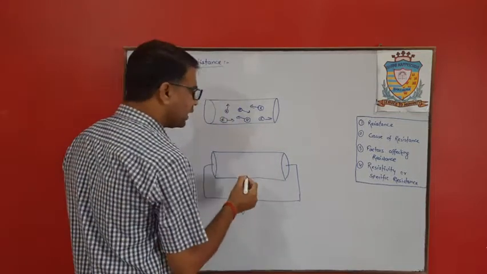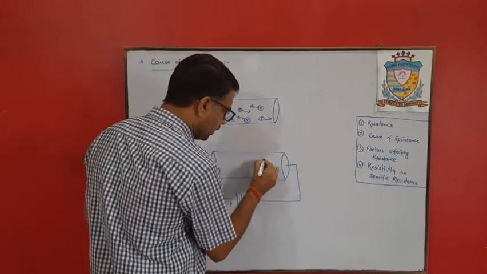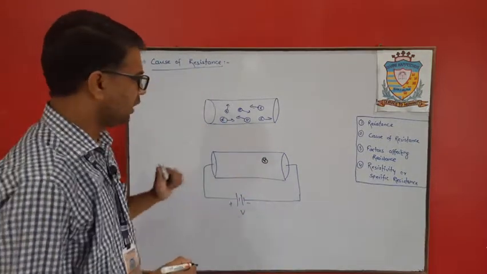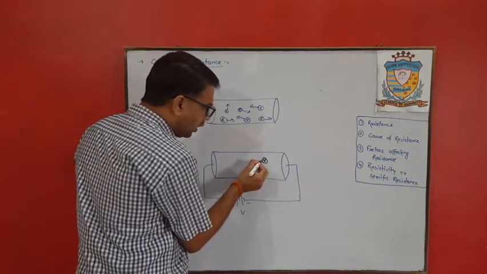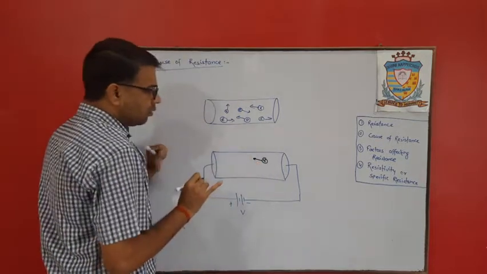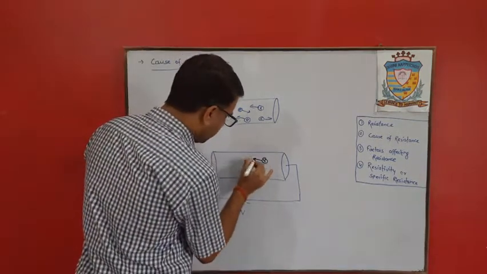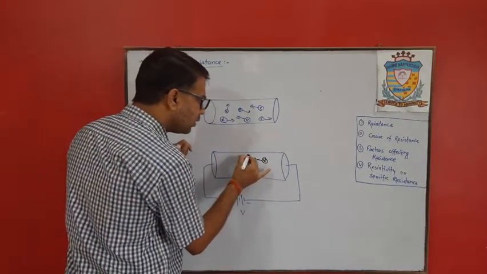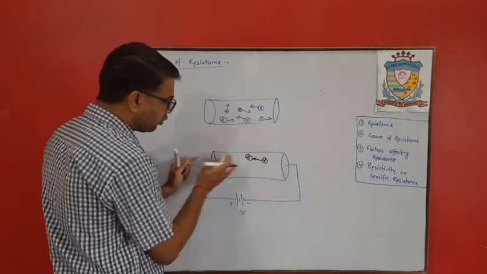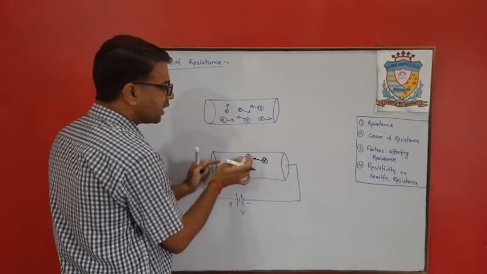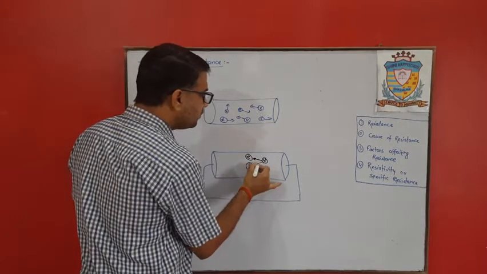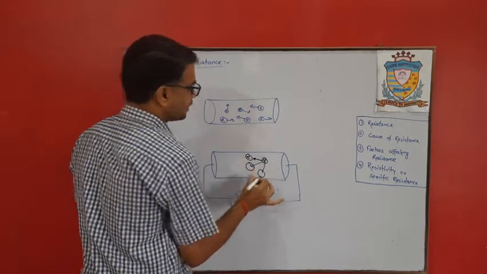So in that case, what will happen? Suppose I consider this electron. On moving towards the positive terminal, it will strike with another electron, or with an atom, or with the ions.